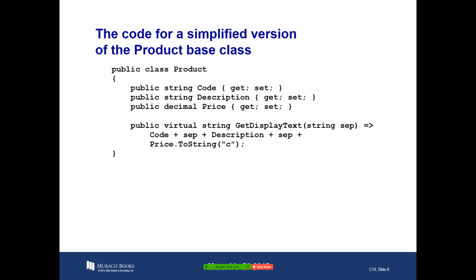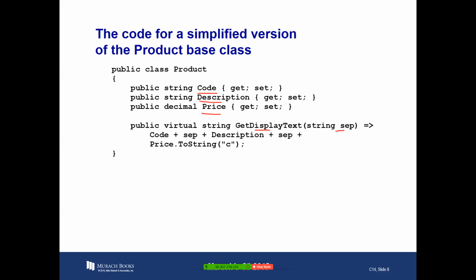But we'll start with this base class, and this base class, from this example back up here, has these three properties, and this method here, which displays out text.